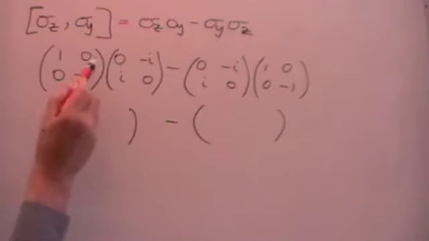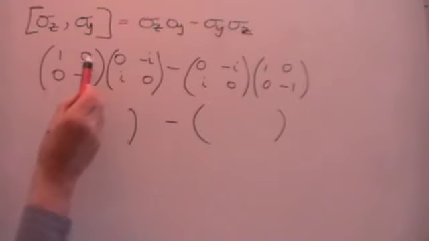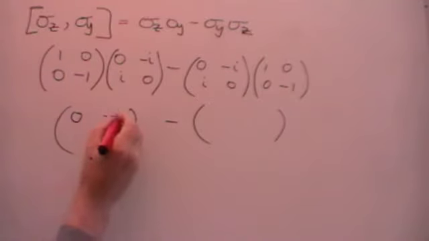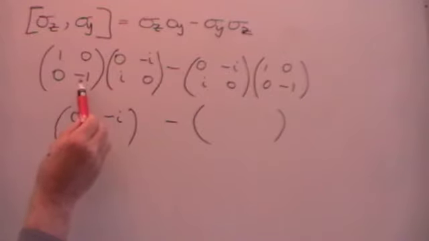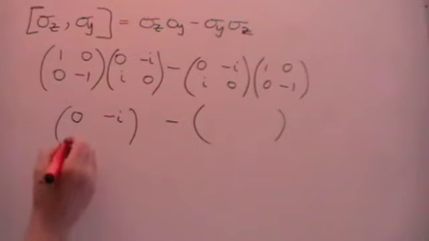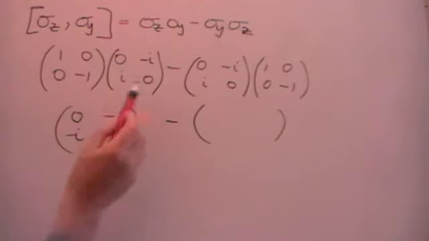1 times 0 plus 0 times i is 0. 1 times minus i plus 0 times 0 is minus i. 0 times 0 minus 1 times i is minus i. And then 0 times minus i plus minus 1 times 0 is 0.